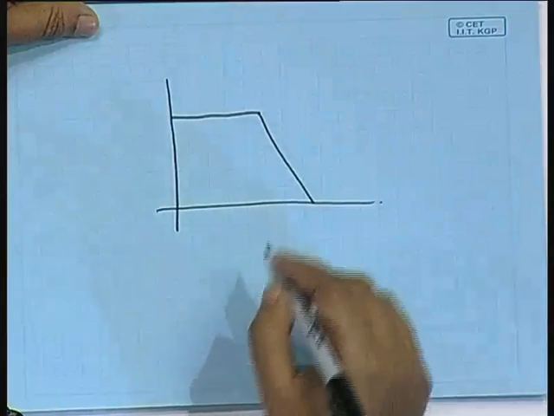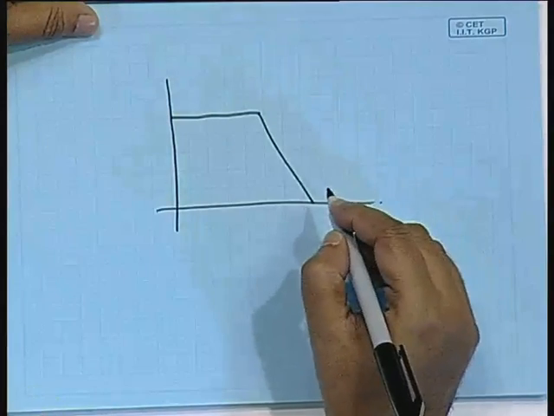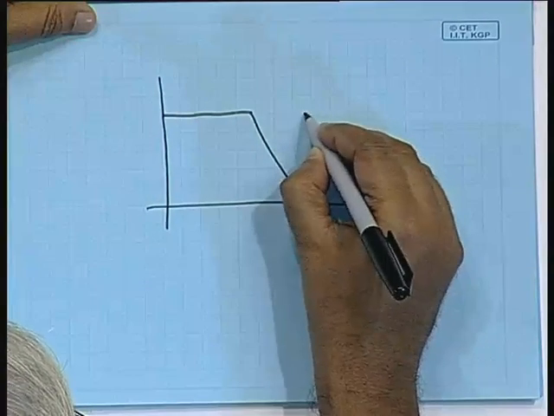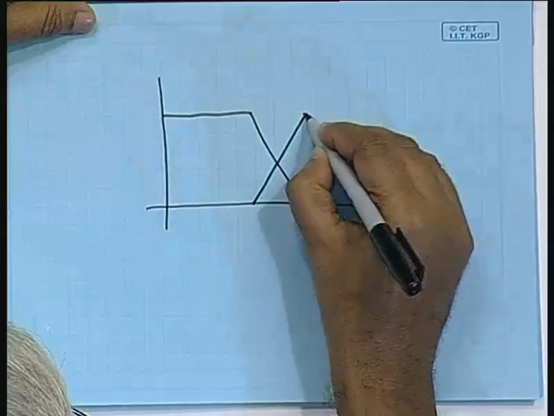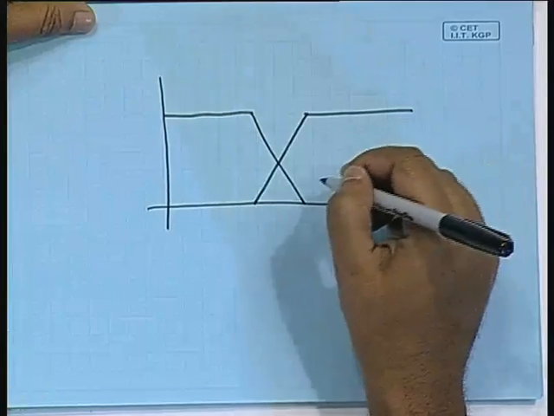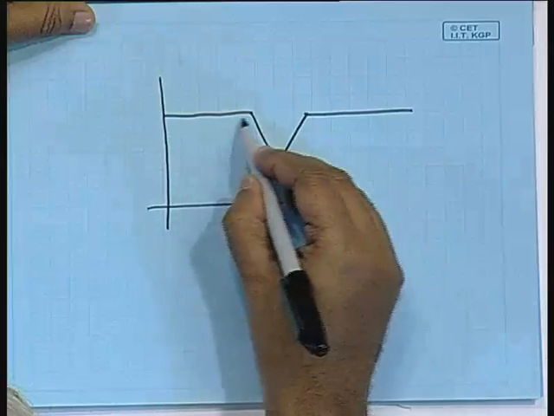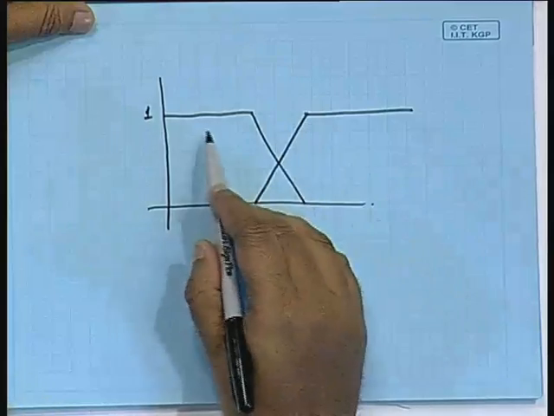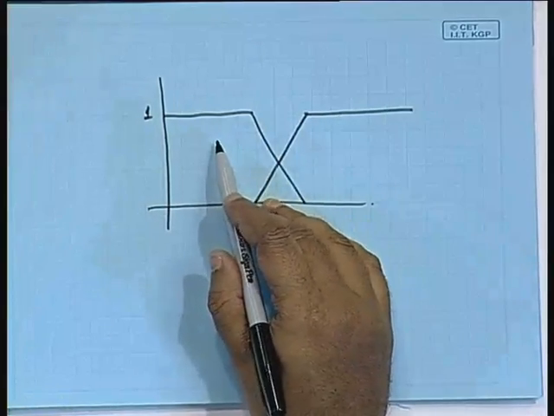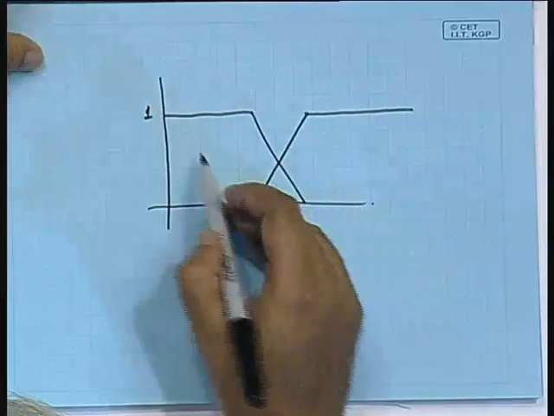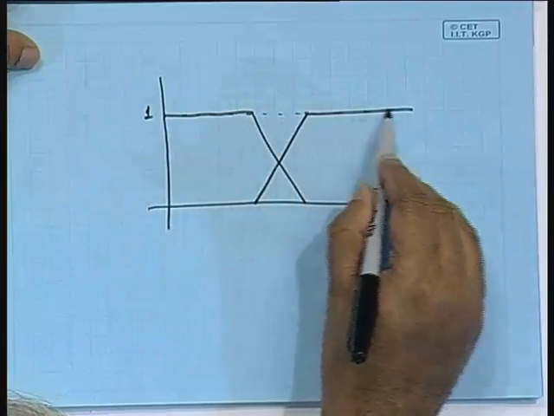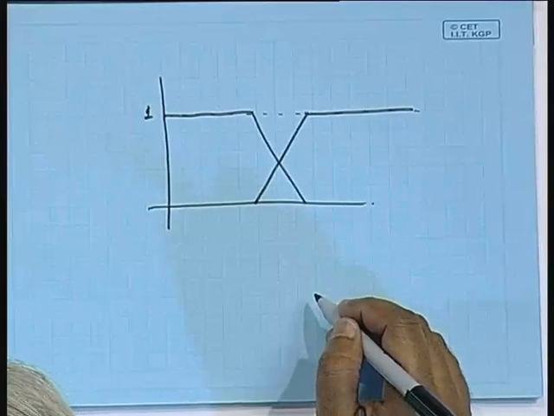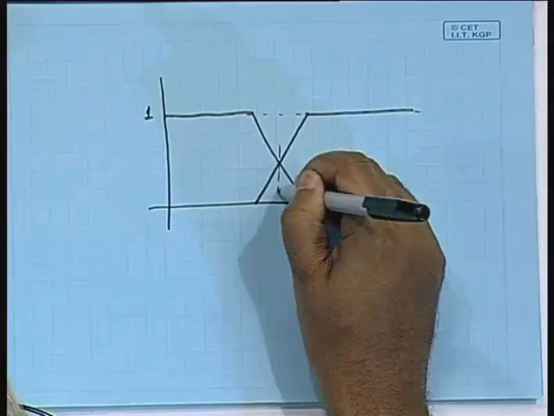So, if my LPF, the low pass filter, is like this, and I construct the high pass filter in a manner that this becomes my high pass filter, then the overall filter characteristic should be, if this is equal to 1, able to pass all the frequencies. Together the overall response should be this. This is what I want to achieve.